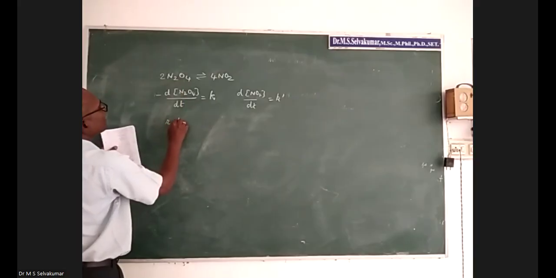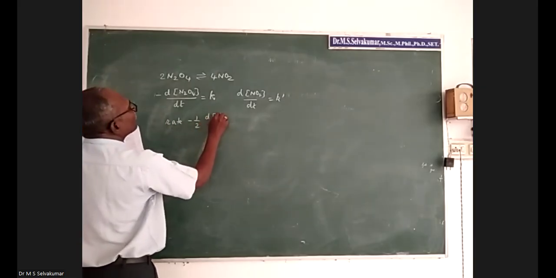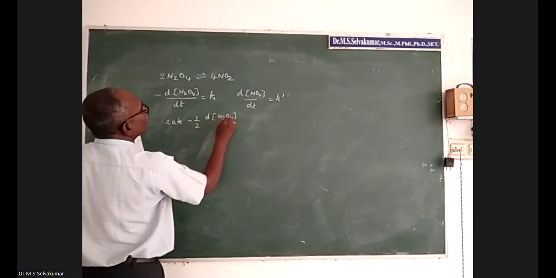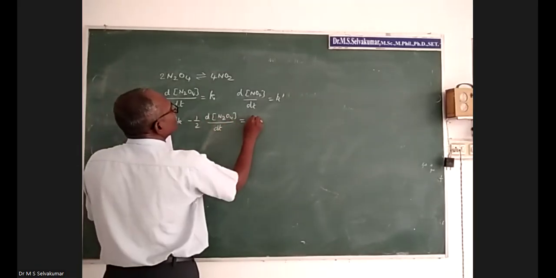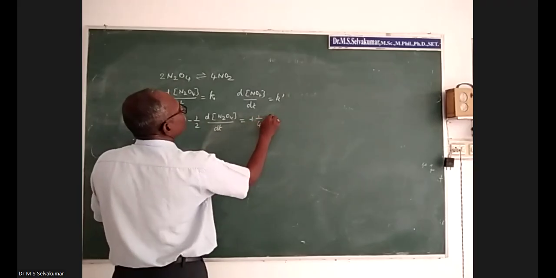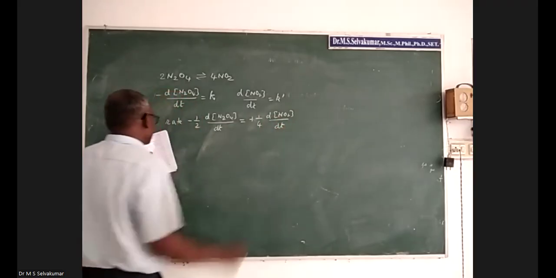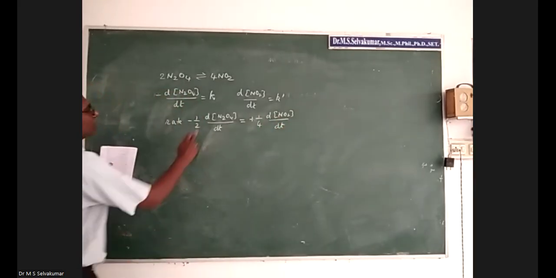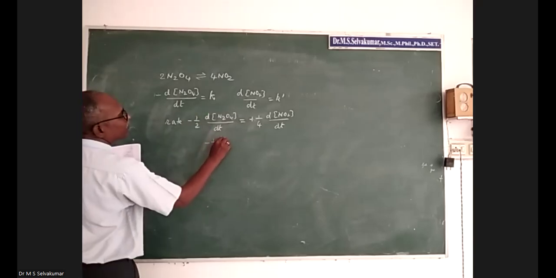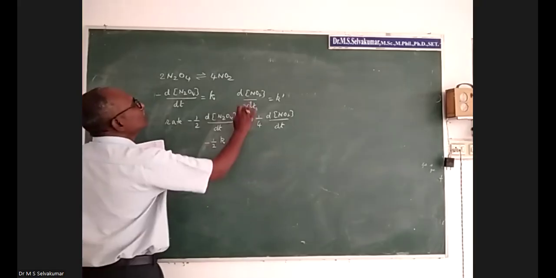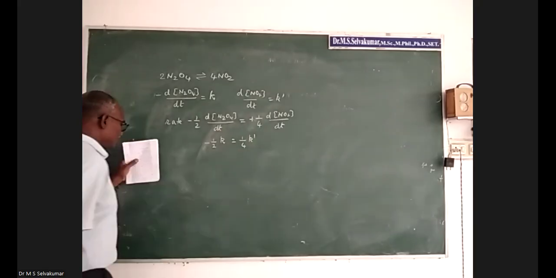Rate of this reaction is minus 1 by 2 d concentration of N2O4 divided by dt is equal to plus 1 by 4 d NO2 by dt. So this is the rate expression. So this particular part is given. It is minus 1 by 2 K, and this part is K dash. It is 1 by 4 K dash.